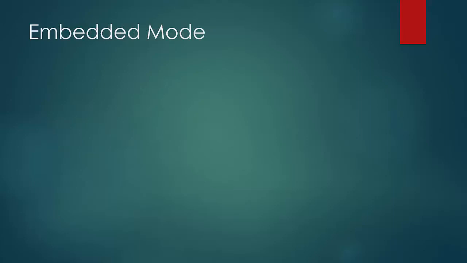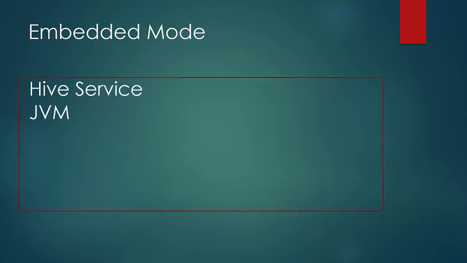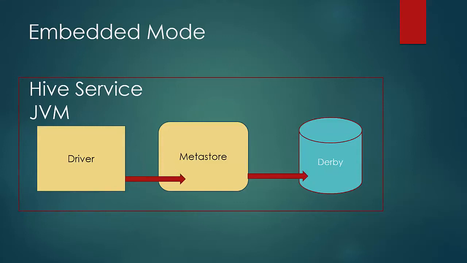In the embedded mode, the metastore is divided into two main pieces, a service and a backing store for the database. By default, the metastore service runs in the same JVM as the Hive service and contains an embedded Derby database instance. In this mode, both the database and the metastore service run embedded in the main Hive service JVM.